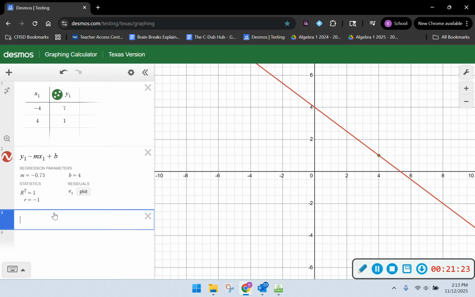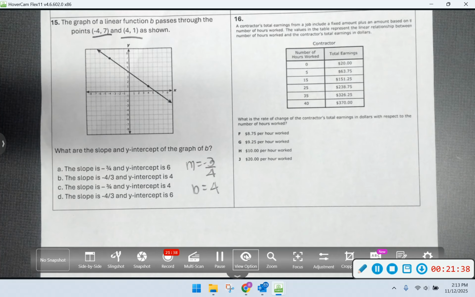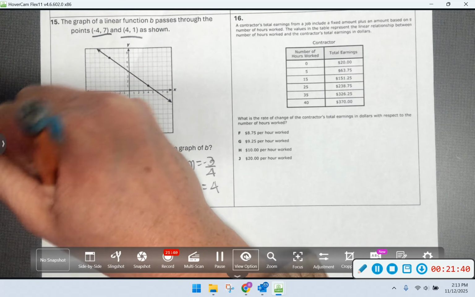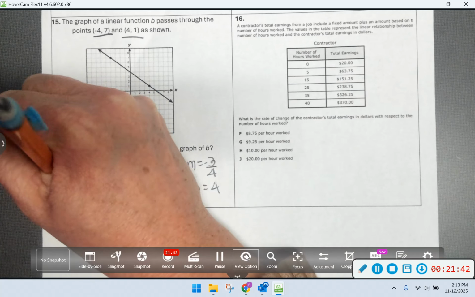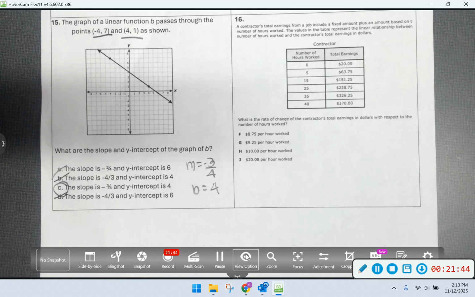And then m, so I can get the fraction. So my m is -3/4, and my b is 4. Okay, so let's find our answer. -3/4, so it can't be B, can't be D. B is 4, so the answer is C.